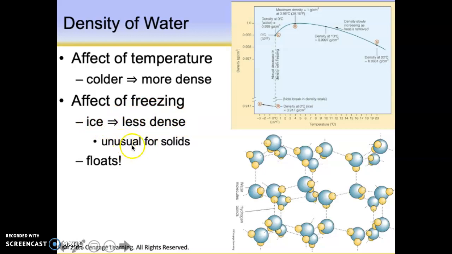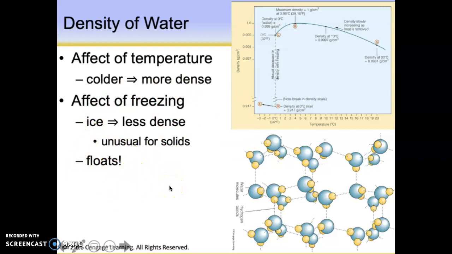This is very, very unusual for solids. In most cases, when the molecules organize themselves into a solid crystalline structure, that structure is more dense than the liquid version of that substance. And so solids typically sink in a liquid of the same substance. So water is a notable exception to that, and that means that ice is going to float.